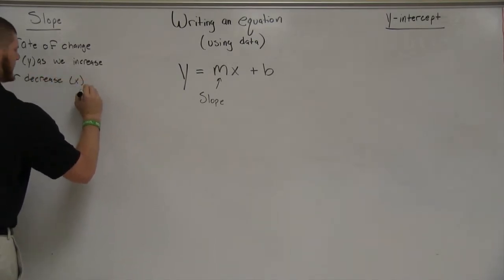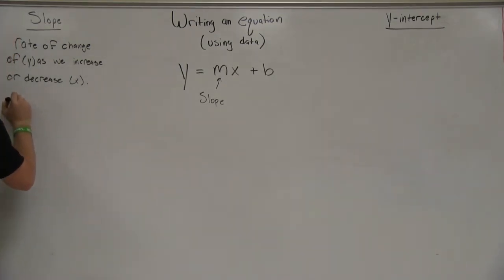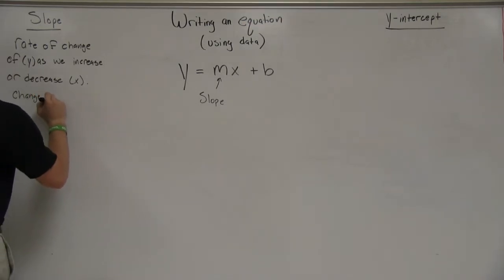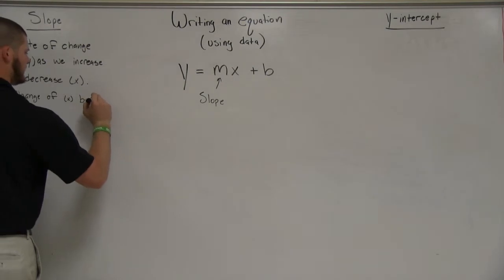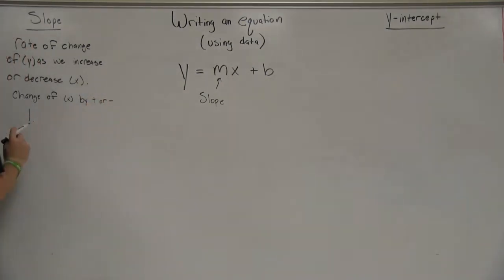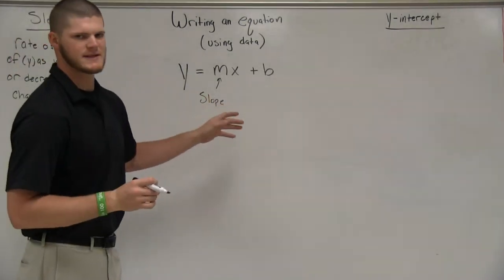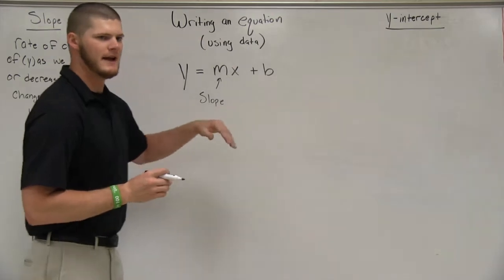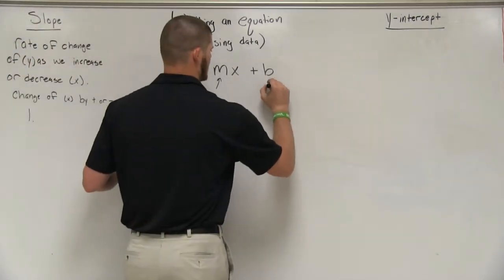And our slope refers to the change of x by plus or minus 1. So as x goes up 1, our slope tells us how much our y will go up in that same time frame. And then we have our y-intercept.